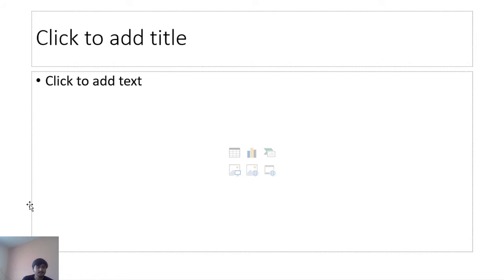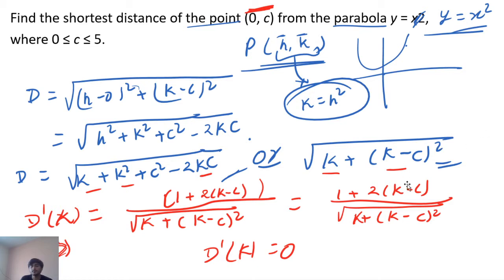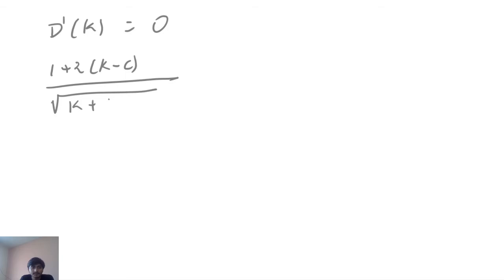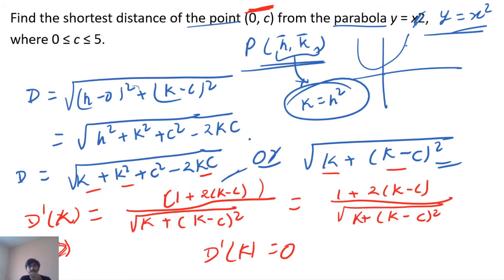So for that, d dash of k was what? 1 plus 2 into (k minus c), divided by root of k plus (k minus c) whole square, right? This was the thing we are having.